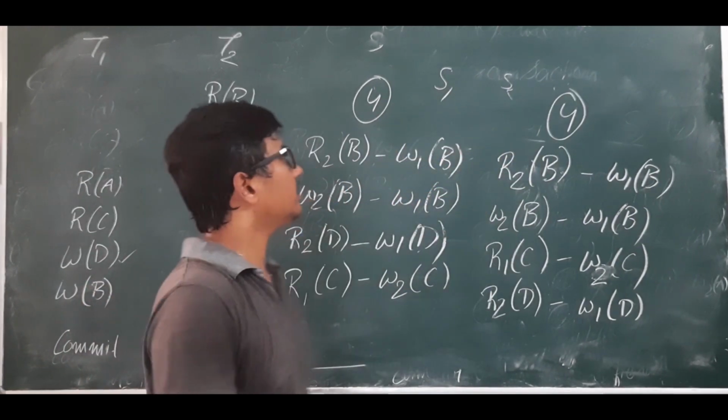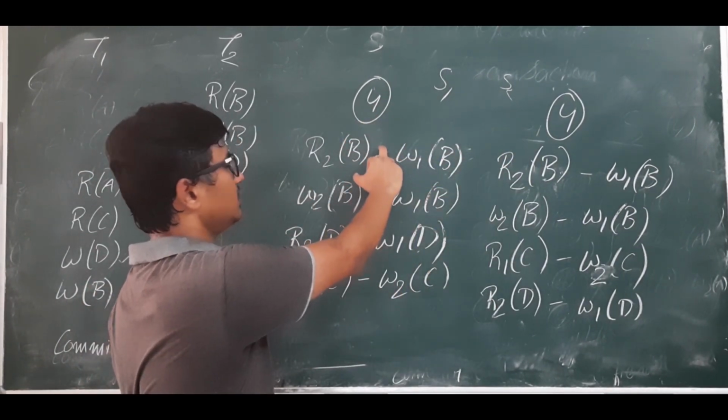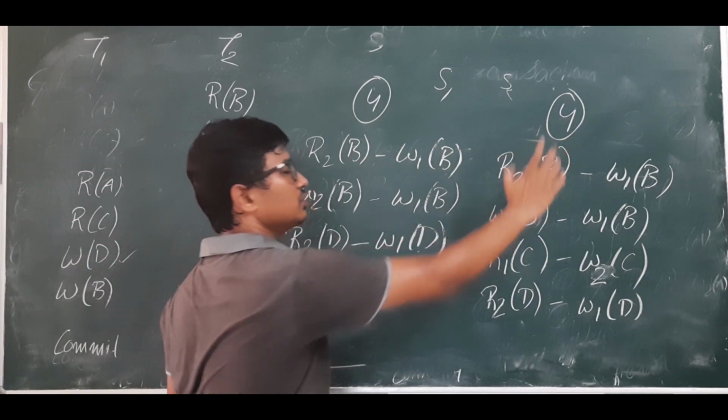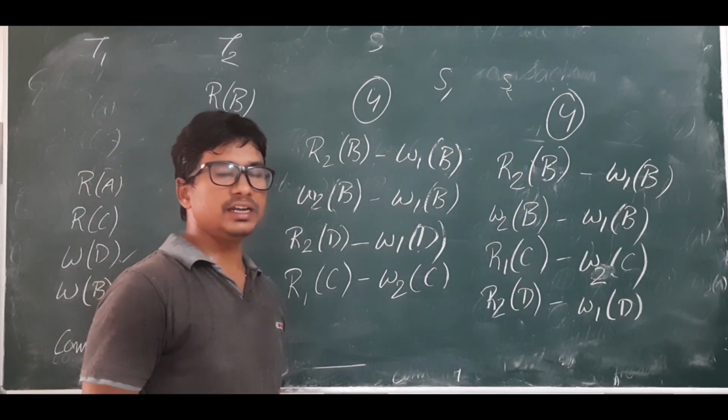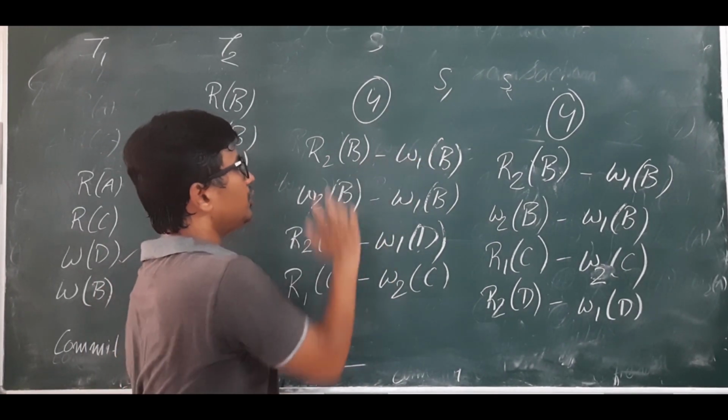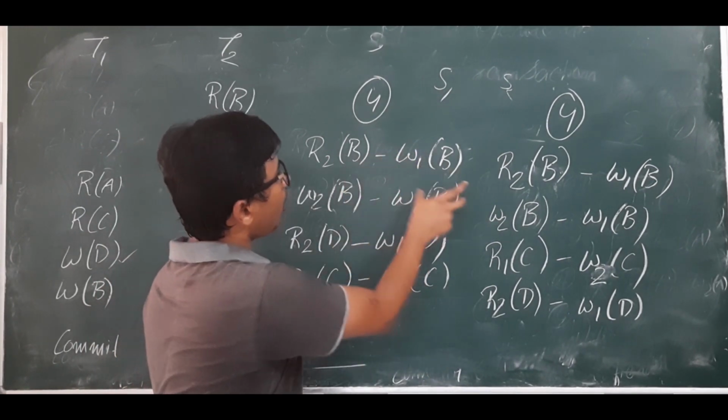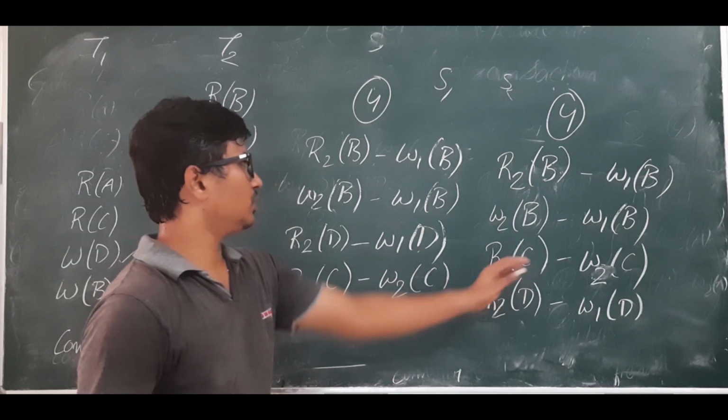Here we found that the number of conflict operations in this schedule is 4 and in this schedule is also 4. So the first condition is satisfied.